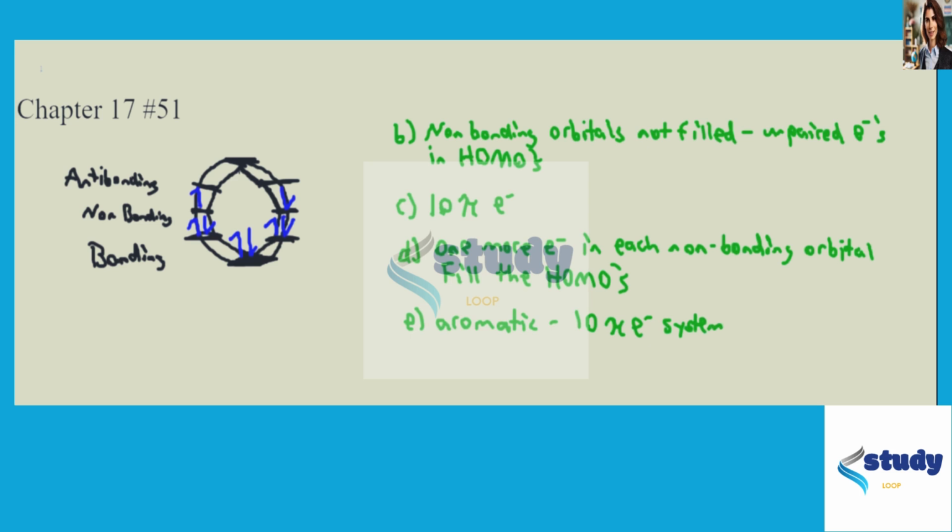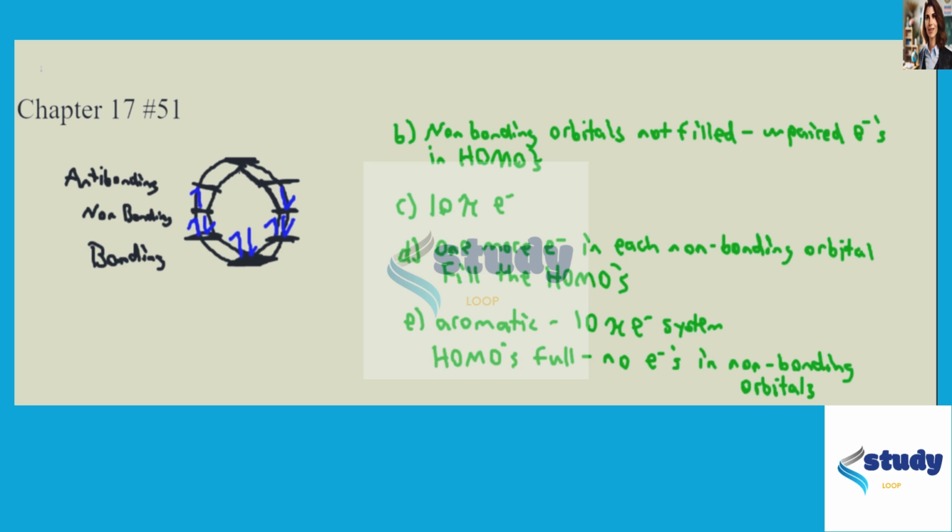However, in keeping with the spirit of this problem, we should say that the HOMOs are full and no electrons in non-bonding orbitals. So it's aromatic because it's a 10 pi electron system, and because the HOMOs are full and there are no electrons in non-bonding orbitals.